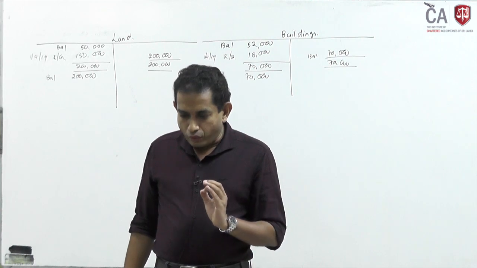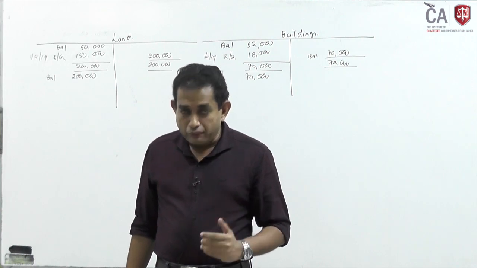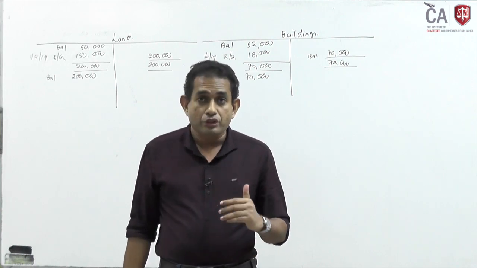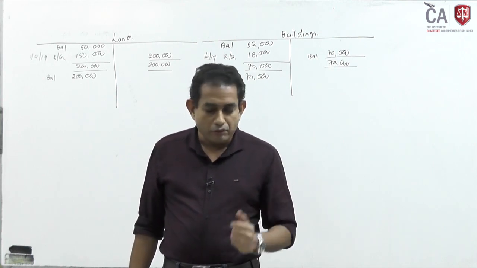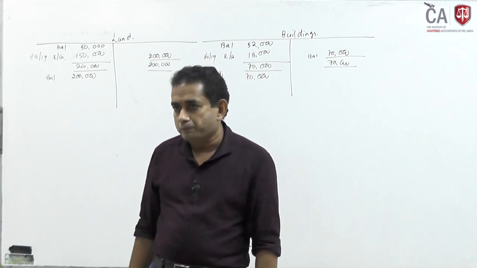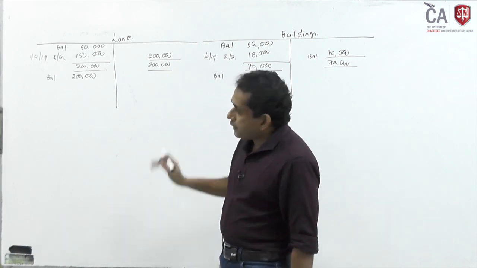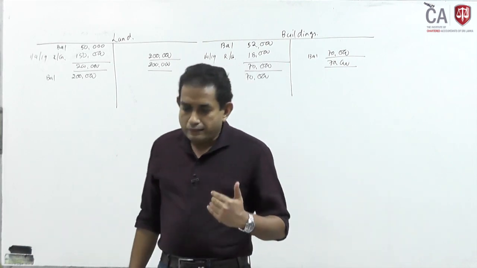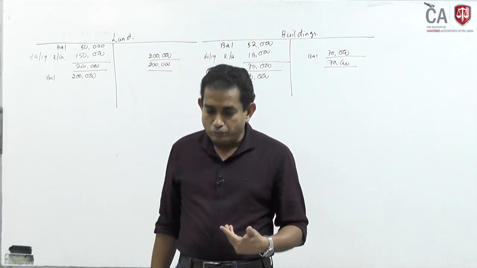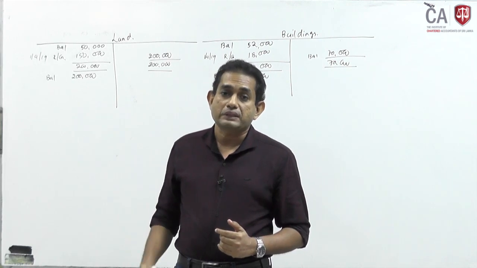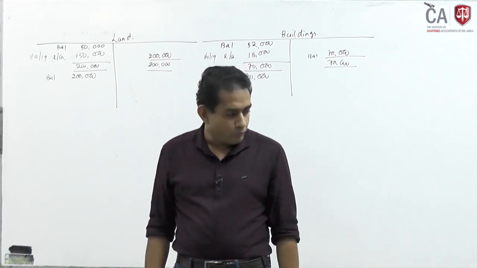Fair value on 1st August 19 is 300. So, that is the date on which you transfer the properties from property, plant and equipment to investment properties. Property, plant and equipment are carried at the revaluation model. Investment properties are carried at the fair value model.